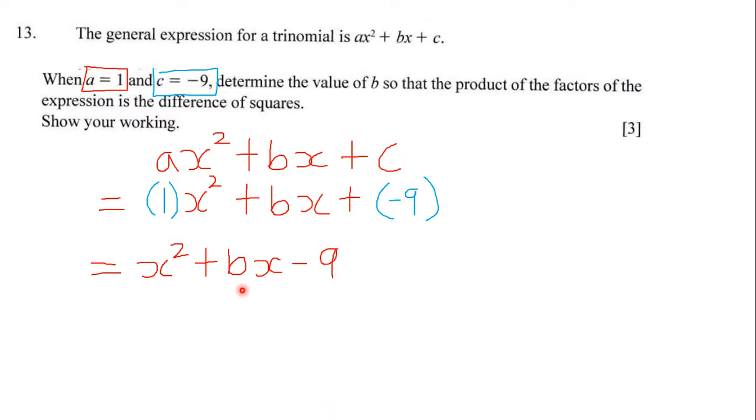No. If b is 3, we'll have x squared plus 3x minus 9. That wouldn't be good. Even if it's squared, it still wouldn't work. Would it be 9? No. If you have x squared plus 9x, that wouldn't work.